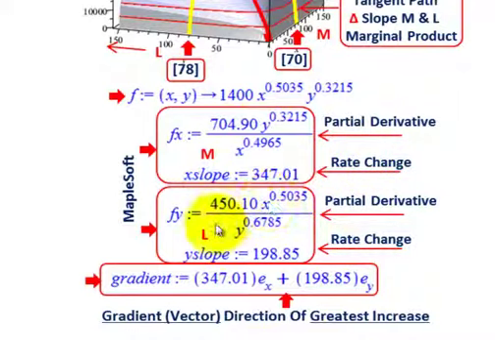And then for our labor, do the same thing. I'm not going to go through that here, but you would hold your x quantity constant, take your y exponent times your coefficient of 1400, and you're going to get 450.